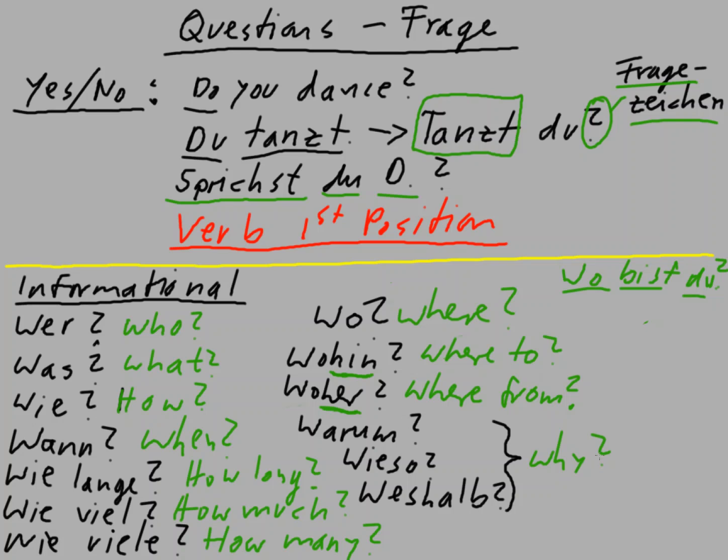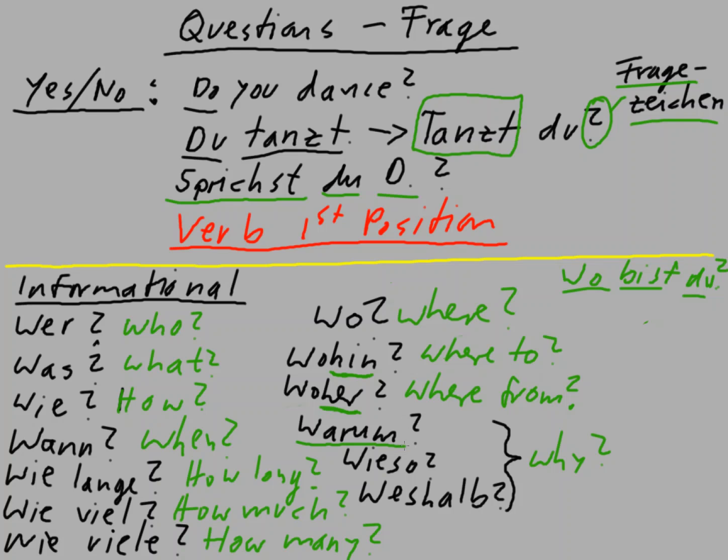Okay, most of the time we use warum. That's the most common one, but nobody will look weirdly at you if you use one of those other 2 words. Weshalb machst du das? Why are you doing that? Wieso machst du das? Why are you doing that? Warum machst du das? Why are you doing that? Exactly the same meaning, okay?